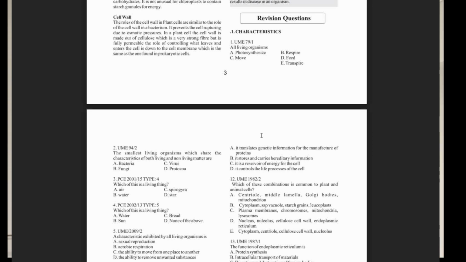And then you see the next question, 1985. And the next question is 1978. So the idea is to make it logical, not necessarily chronological. And at the end of the day, you would have also covered all the questions. So that will help you to understand how questions are framed.